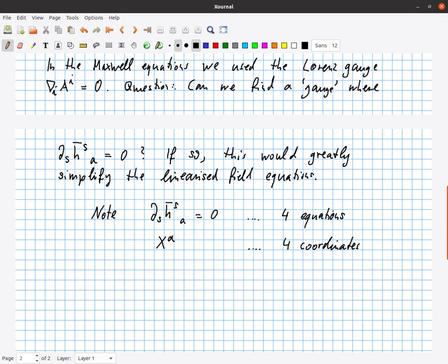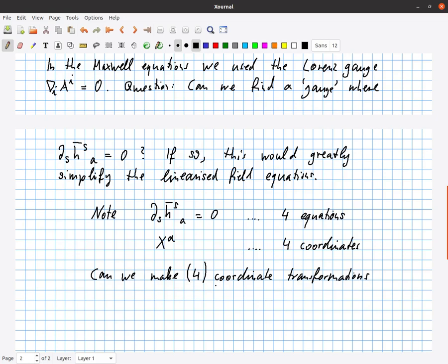A question equivalent to can we find a gauge where this is 0? What we are actually trying to say is, can we make 4 coordinate transformations (I better put this in a bracket).